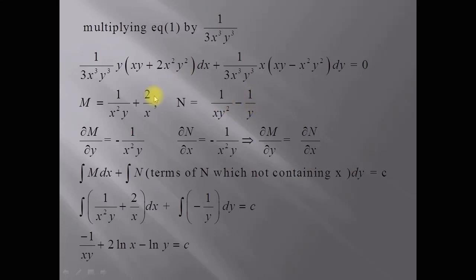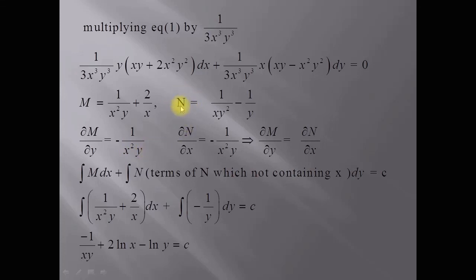Now check whether this new differential equation is exact or non-exact. So find again the partial derivative of M with respect to y. The derivative of this term with respect to y is 0, and the derivative of this term with respect to y is −1/(x²y²).